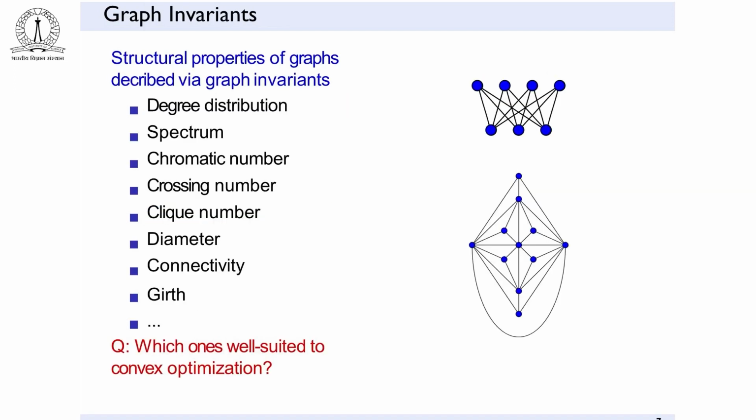All right, so when we talk about structural properties of graphs, properties that do not depend on the labeling of the vertices, we typically talk about them using what are called graph invariants. I could tell you that my graph has some chromatic number or some diameter or some girth or some spectral properties or some degree distribution.